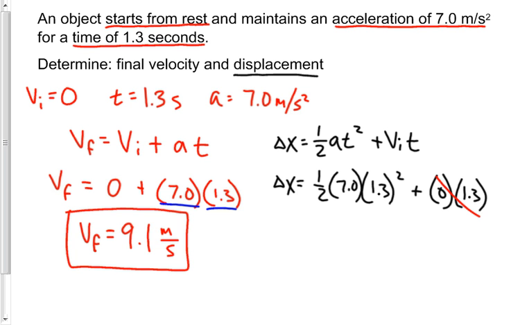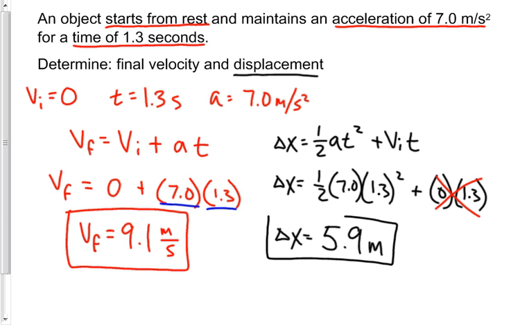This whole thing is just going to go away. Anything times 0 is 0. And when you do this, you will get a displacement of 5.9 meters.